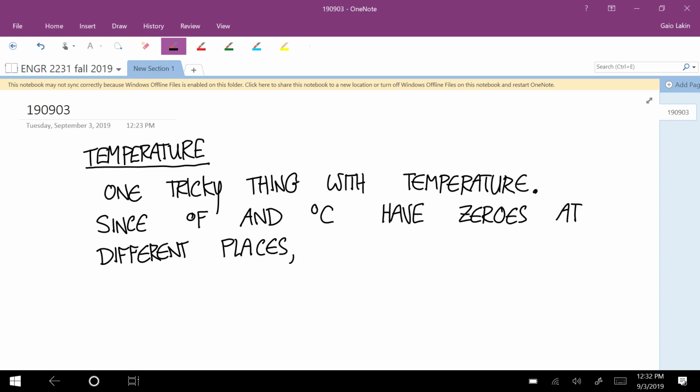conversions for changes in temperature are done differently than conversions of actual temperature at an instant. Okay, that's the heart of the problem.